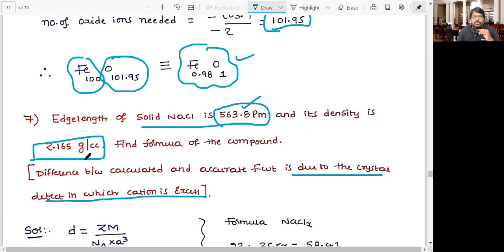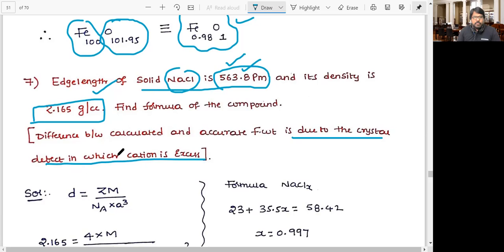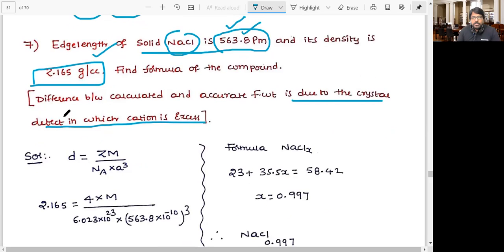So what you have to do is, you know the actual formula weight of sodium chloride is 58.5. Now you calculate the formula weight of sodium chloride by using this data, right? And he also stated that there is an excess of cations. So first I'm finding the formula mass of sodium chloride according to the given data.